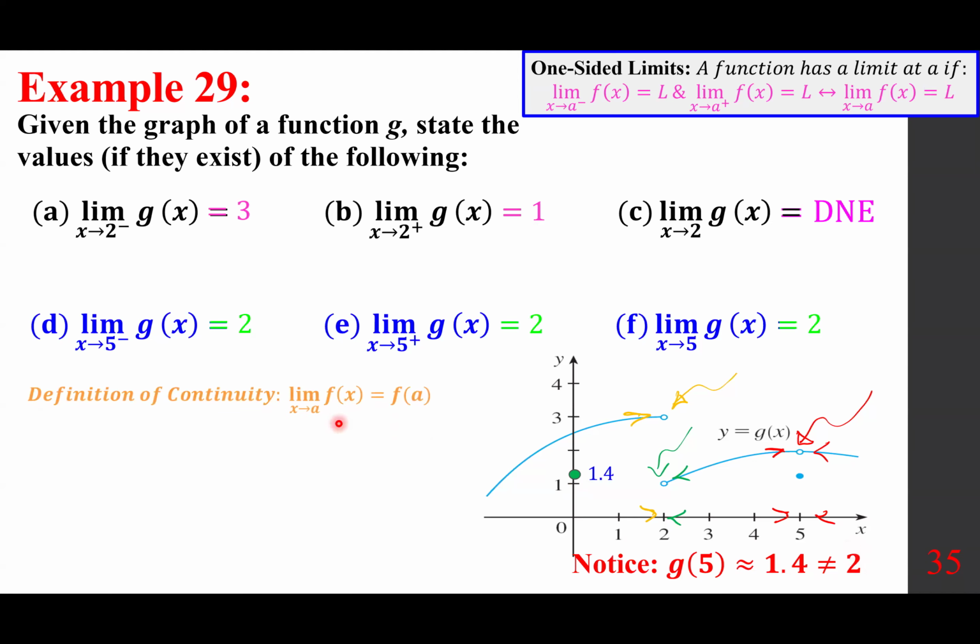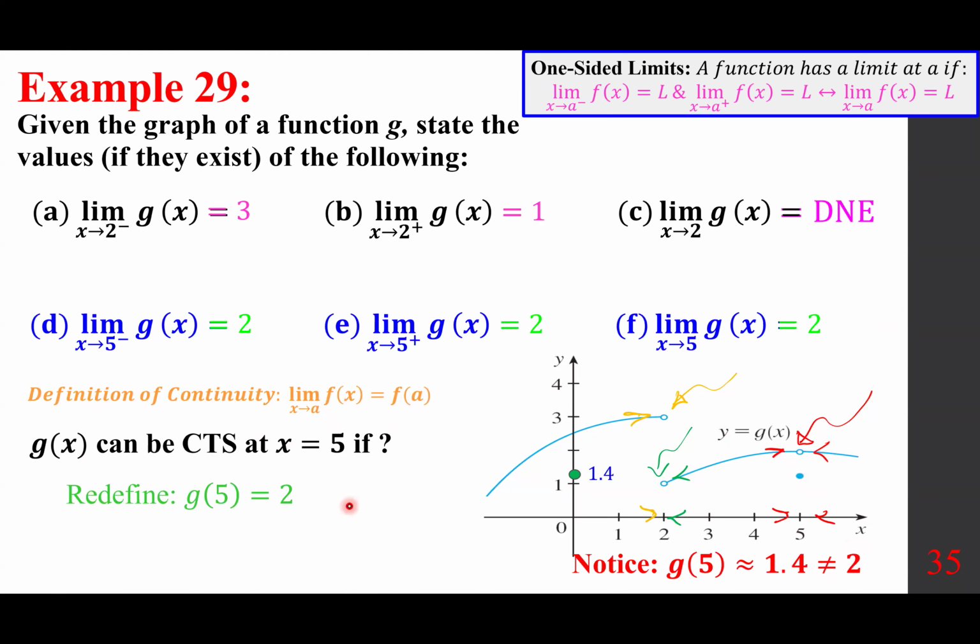The definition of continuity is that the limit of f of x as x approaches a must be f of a, and it's not. G of x can be continuous at x equals 5 if what? Because this is a removable discontinuity, we can redefine the functional value, instead of 1.4, to be equal to the limit.